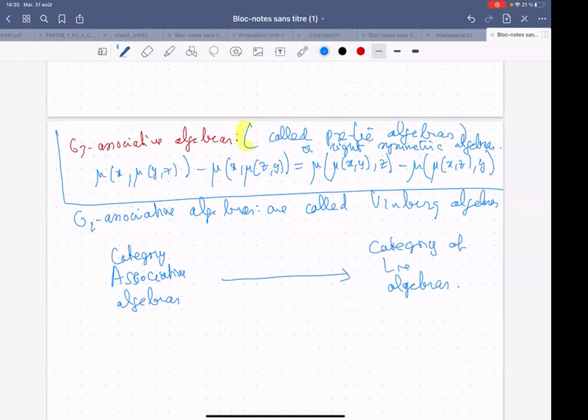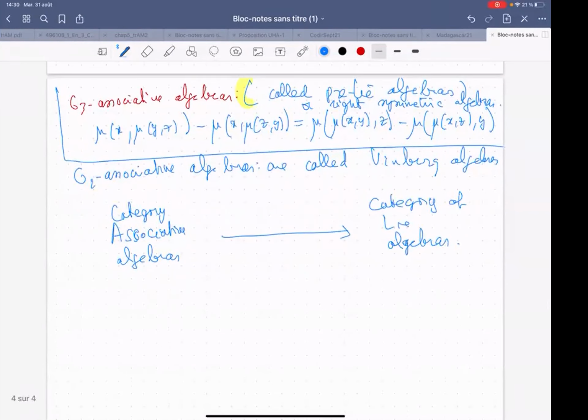Okay. Now what we are interested in is to see whether we have an adjoint functor, a functor going from the category of Lie algebra, let's call it Lie here, to the category of associative algebra.